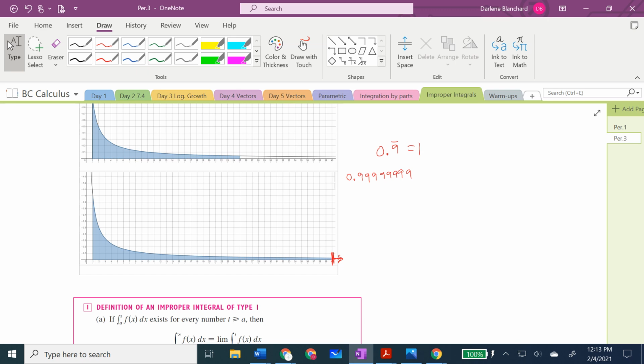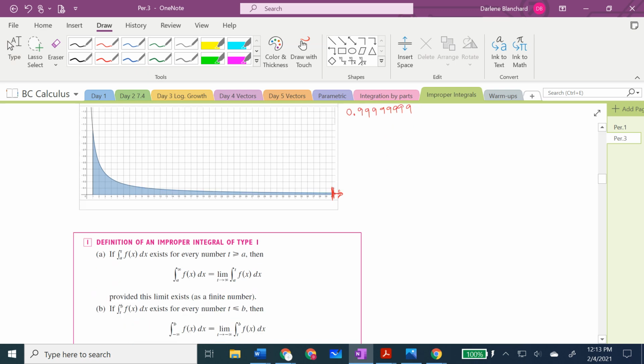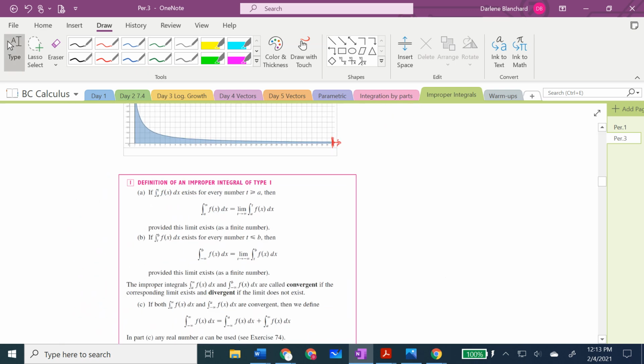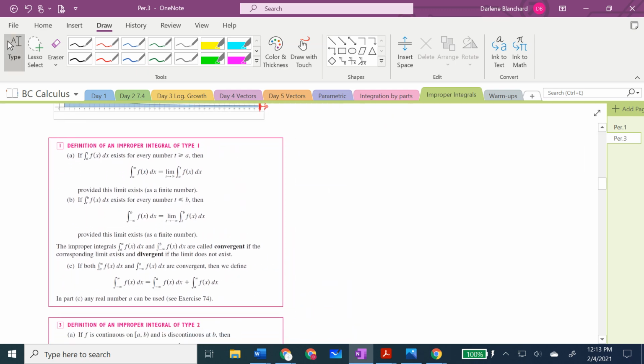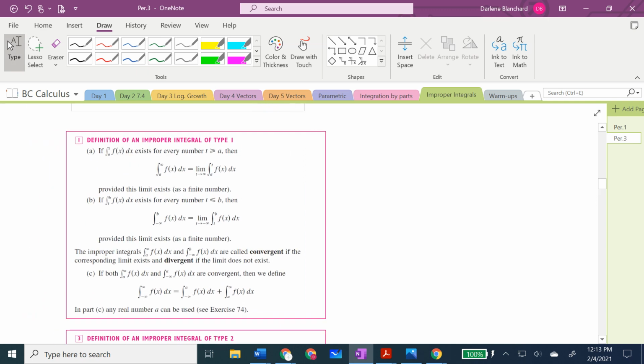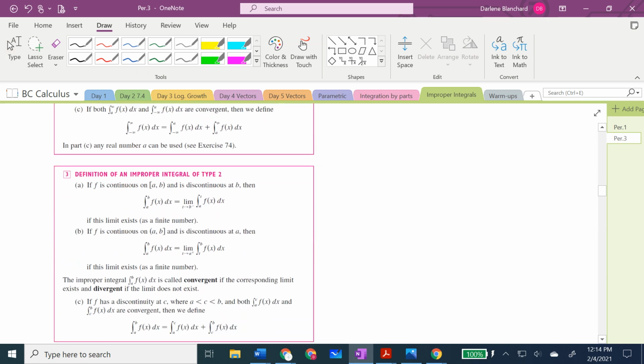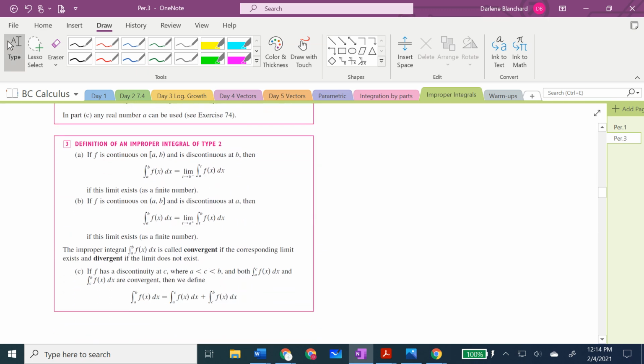Now I'm going to do an example of a couple problems in just a second. I want to point out that this is from your textbook. This is what I have already described. The type 1 improper integral. You can look at it in your textbook, or you can come back to the video and look at this. I'll also post the notes if you want to look at these. Type 2 and the definition that the textbook gives.